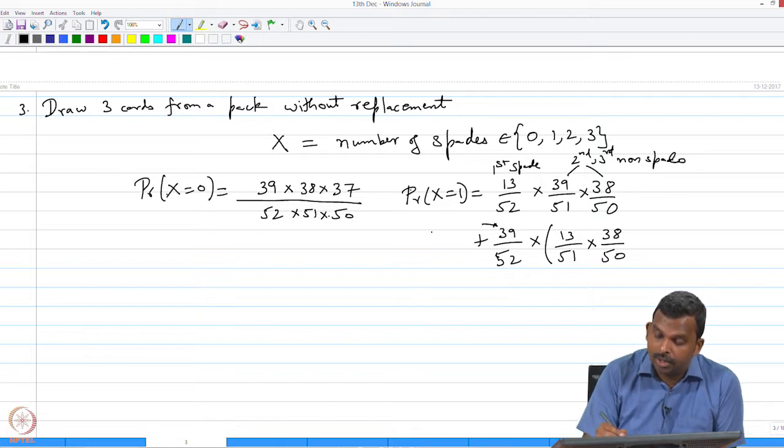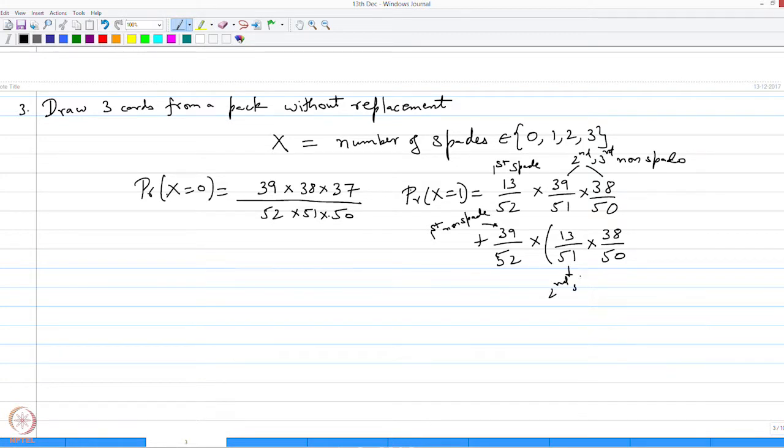So, here I have first being non-spade, here I have second spade, and here I have third being non-spade. Okay. Or you could have the second being a non-spade, which is 38 by 51, in which case the third has to be a spade.